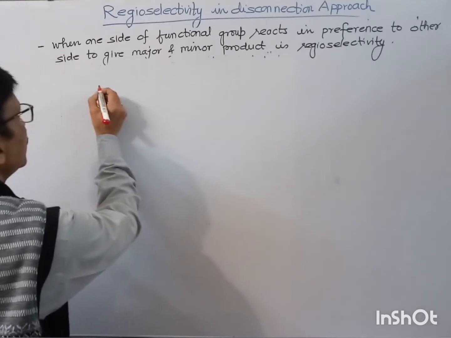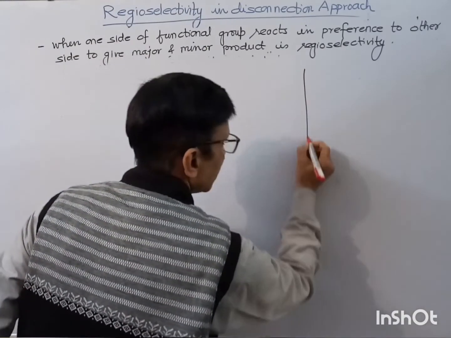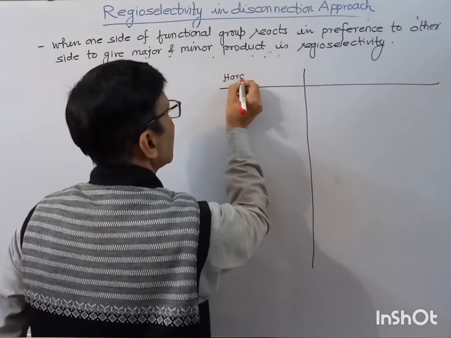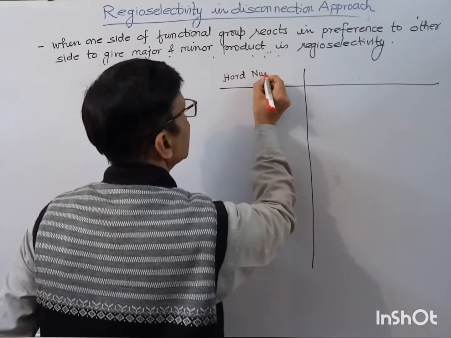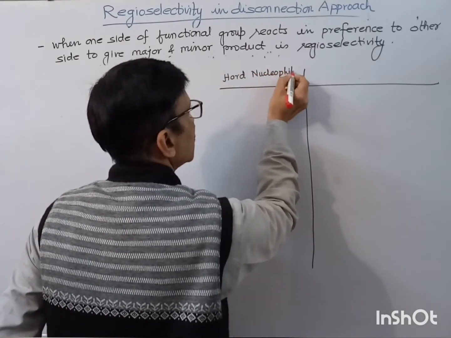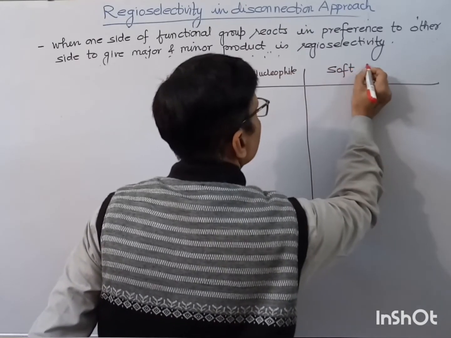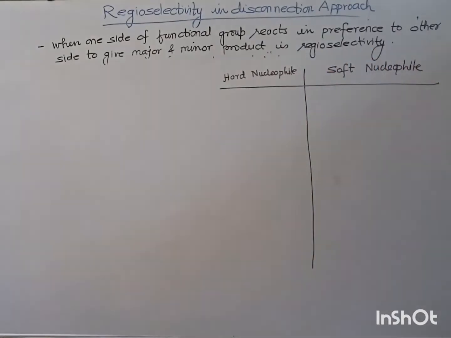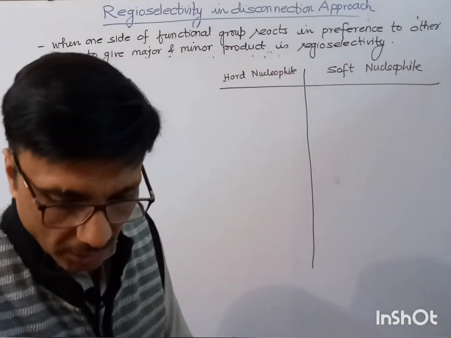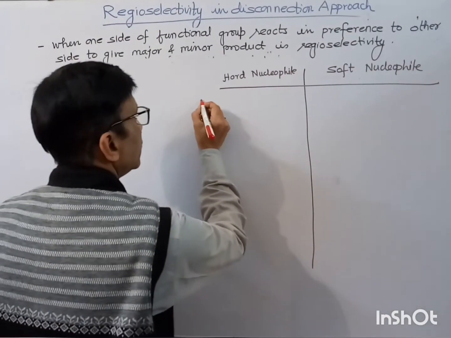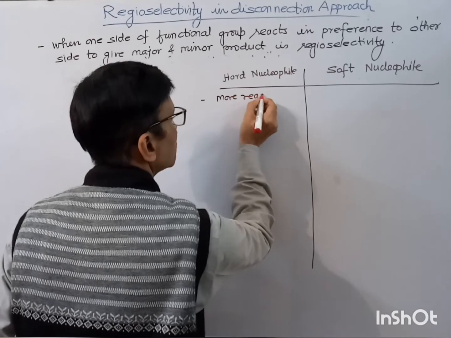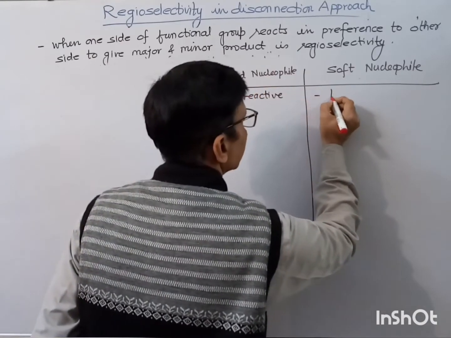So let's see the difference between the hard and soft nucleophile. What I told you: the hard nucleophile is more reactive, and the soft one is less reactive.